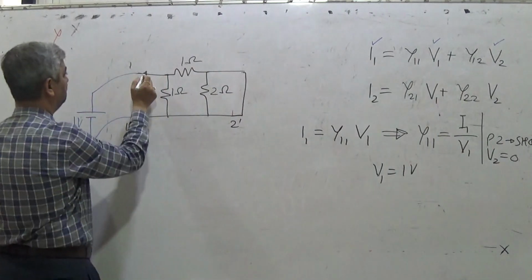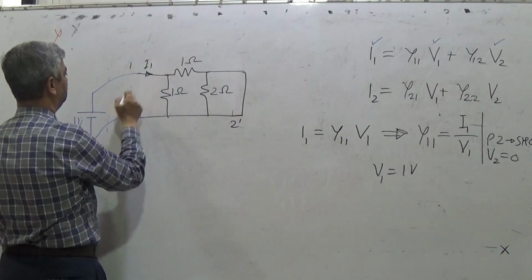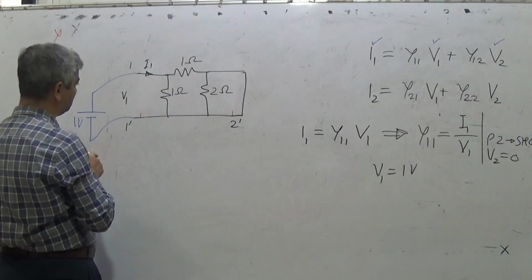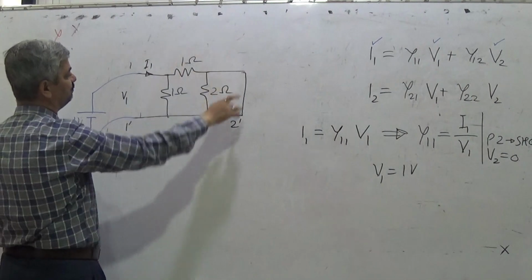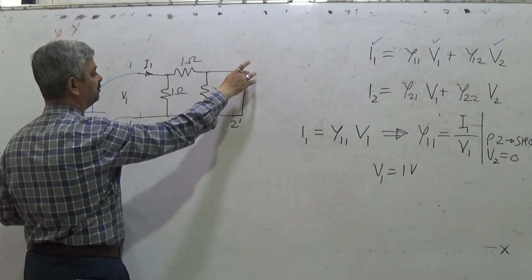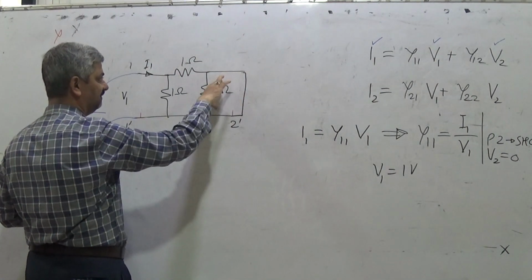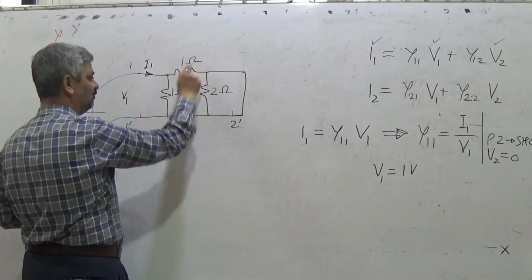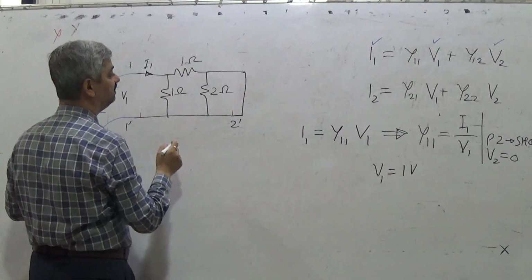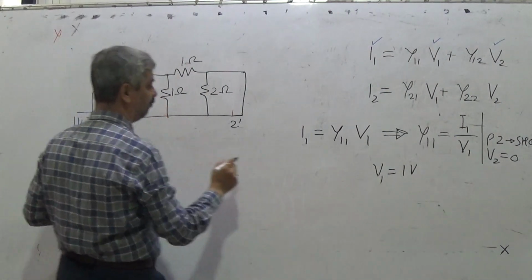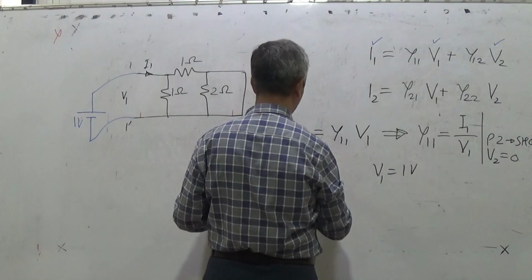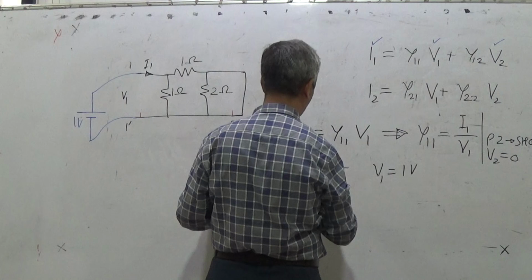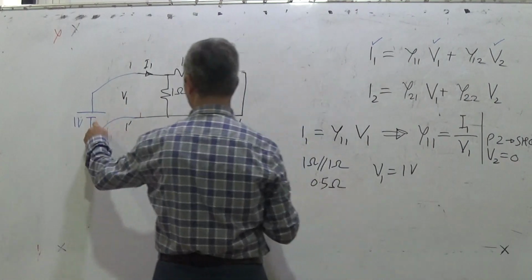Now this is I1, this is V1. V1 is 1 volt. What is I1? How much current will flow? What is the effective resistance? This is shorted, so this 2 ohm is gone. So 1 ohm parallel with 1 ohm, the effective resistance is 0.5 ohm, with 1 volt.